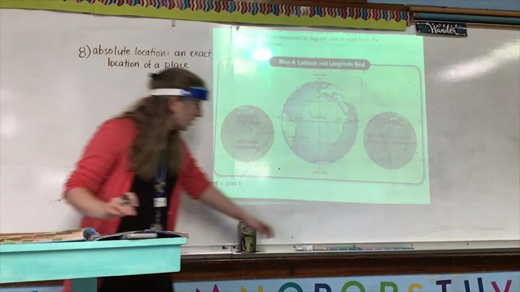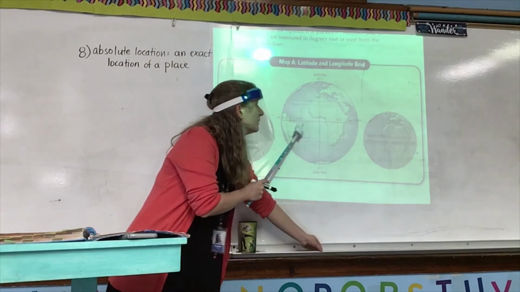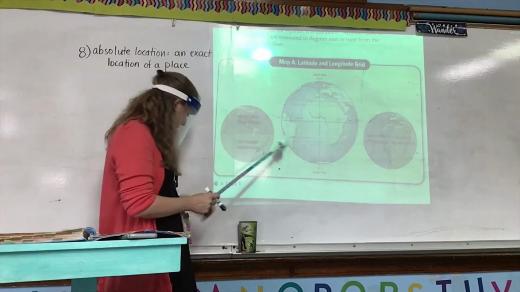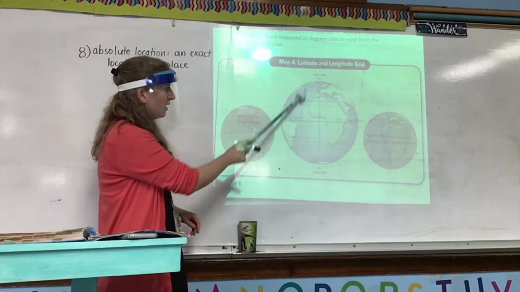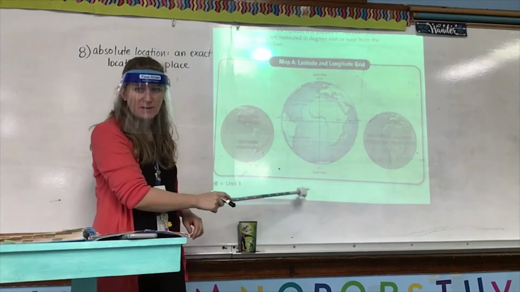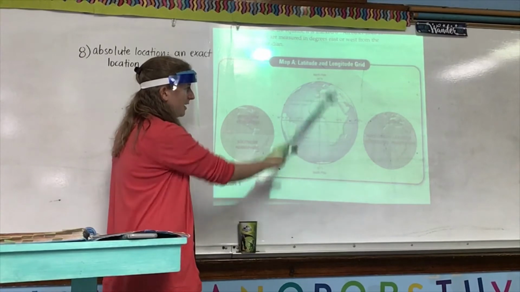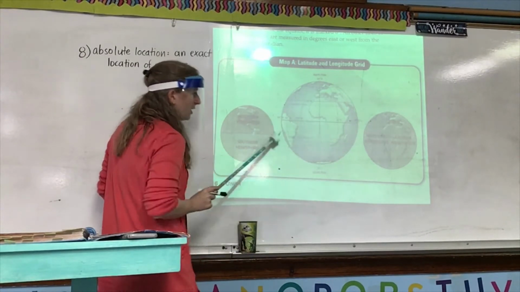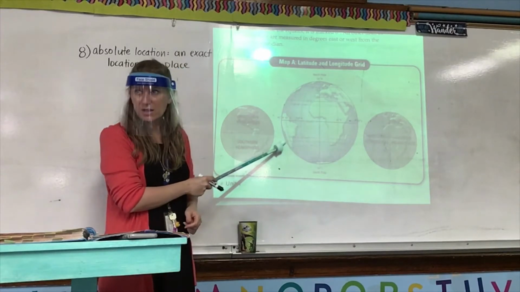So, if you look at the globe in the middle of map A on page 16, you can see how there's kind of a grid. There's some lines going up and down, and there's lines going across. These are those lines of latitude and longitude.